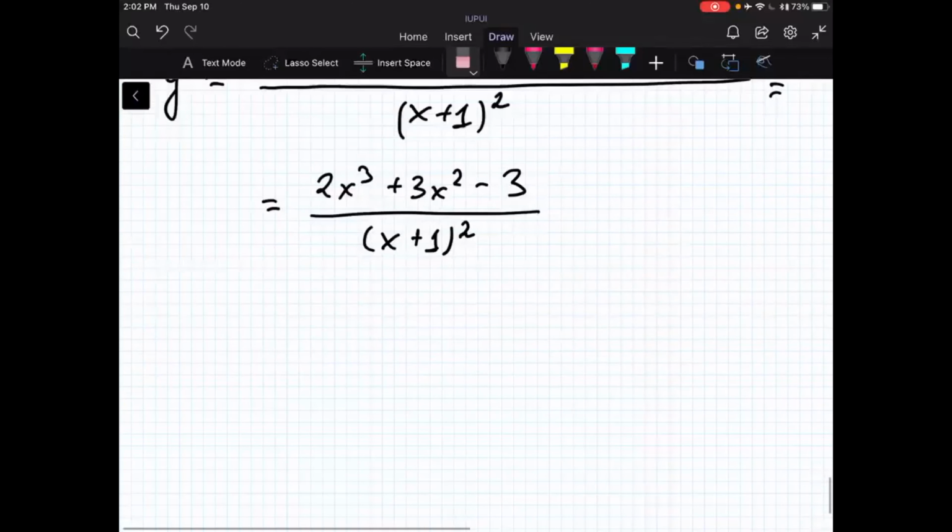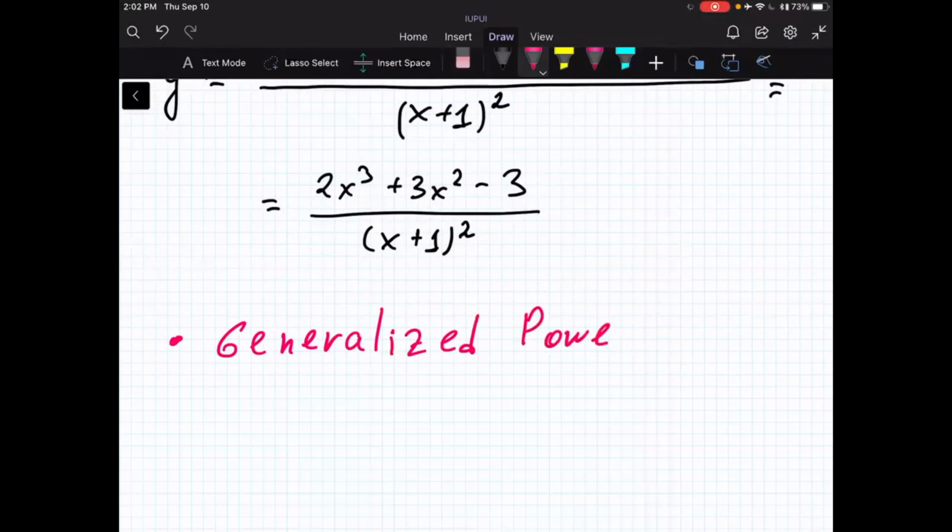So we have learned two rules, and let's do one more rule, which is called the generalized power rule. So we know what happens with the following function, y equals x to the power n.